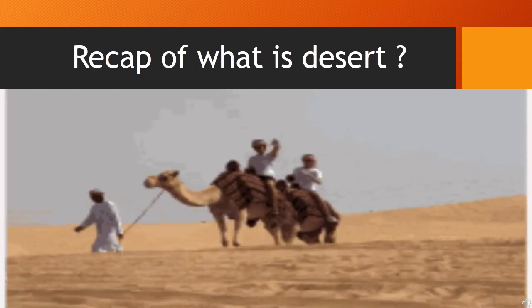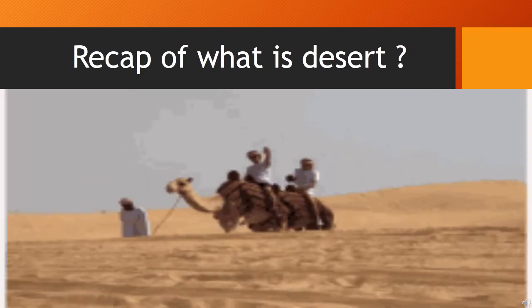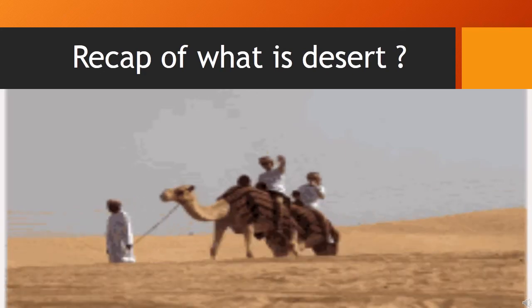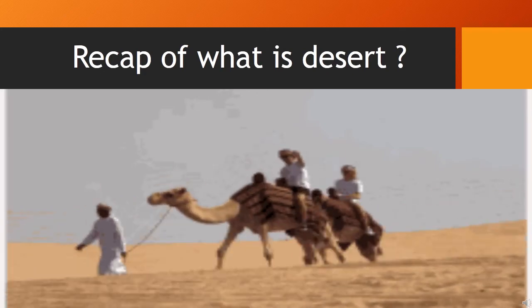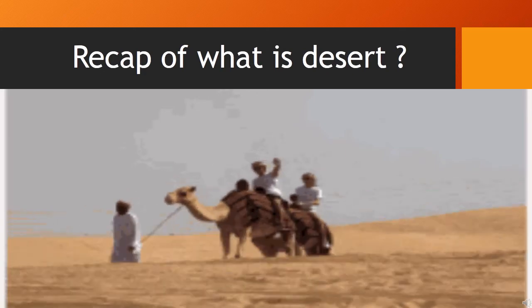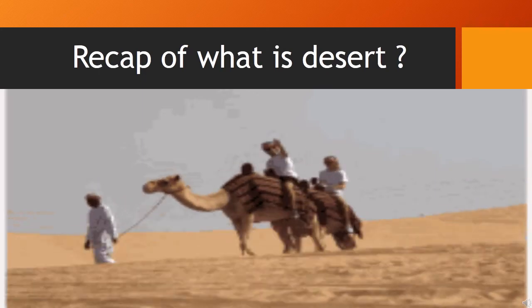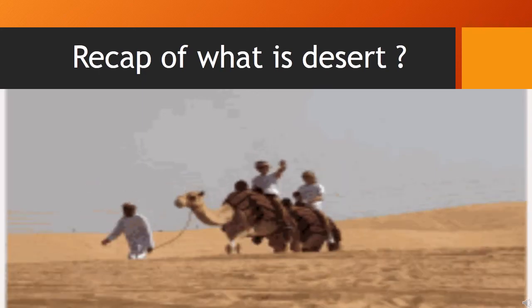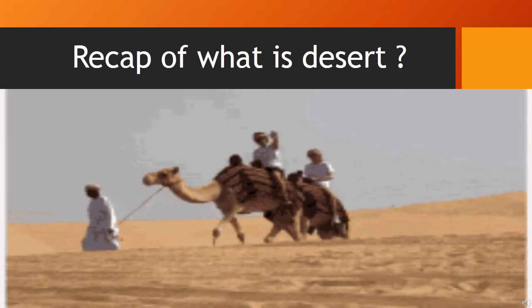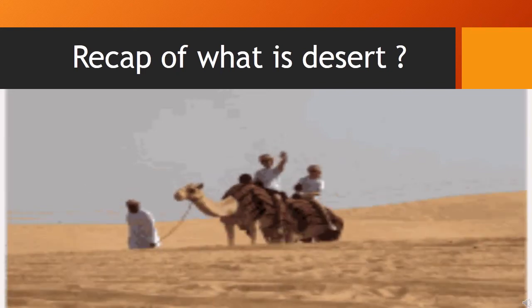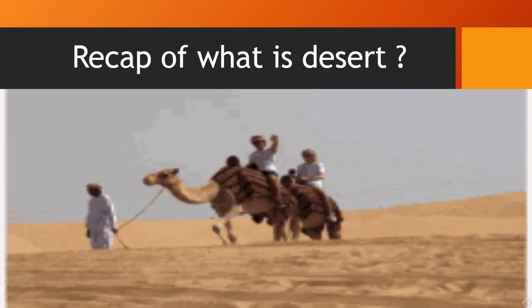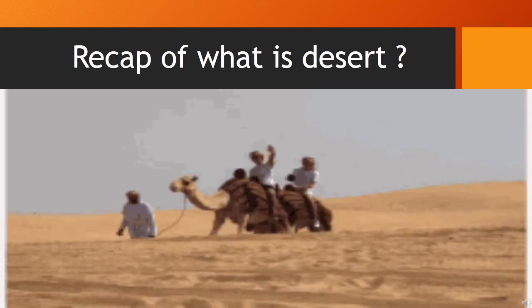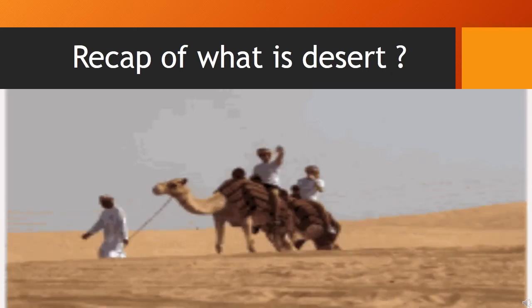Let us do a small recap on what is a desert. Basically, a desert is an arid, that is very dry, or semi-arid biome. They get less than 25 cm, that is less than 10 inches, of rainfall per annum.